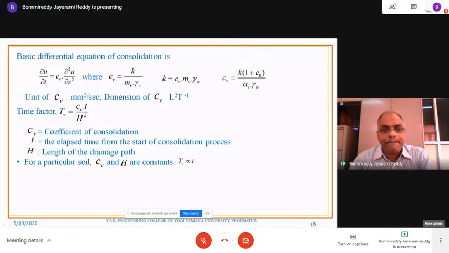We are not going for a derivation of the basic consolidation equation. This is the basic consolidation equation. Sometimes the question may be: what is the basic differential equation for consolidation?